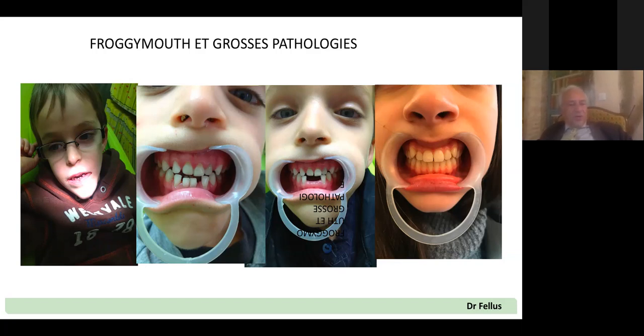When you have a very big tongue, you begin to develop class 3 occlusion. At the beginning, you can see there was a real problem in the anterior incisor, and only with Froggymouth, without any appliance, only by controlling the tongue posture, we stimulate the upper arch growth and have corrected the class 3 only by adjusting the tongue posture.